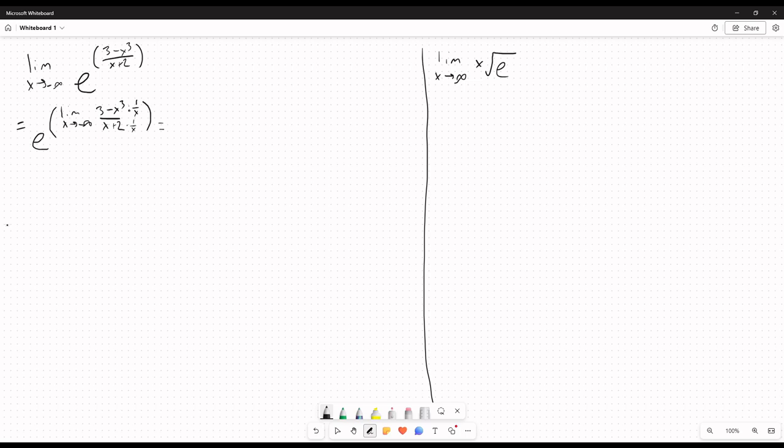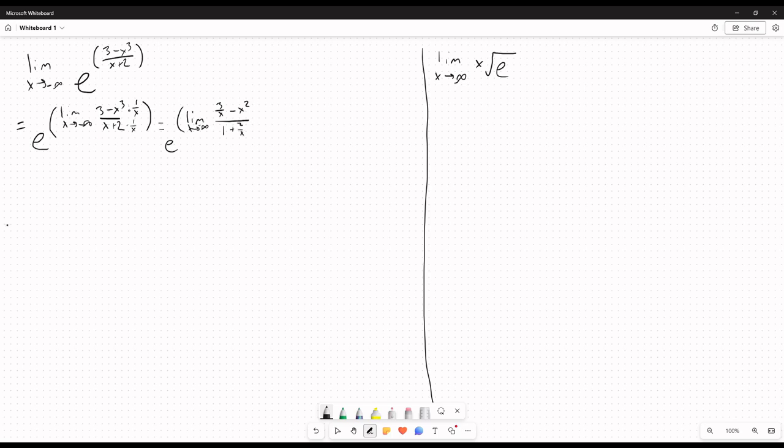So that's going to be e to the power of the limit as x goes to negative infinity of (3 over x minus x squared) over (1 plus 2 over x).